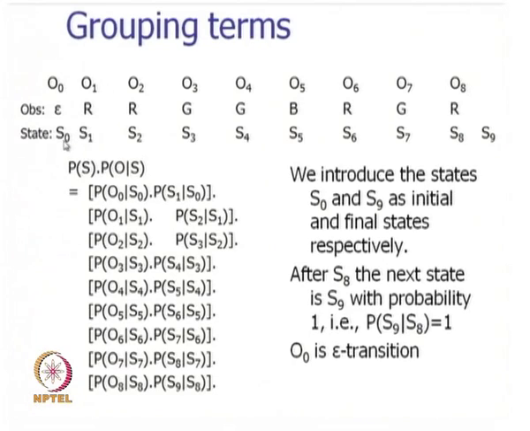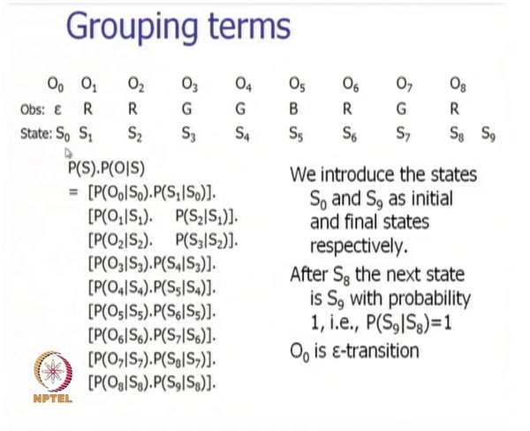This is the state where no urn has been chosen and the drawing of balls has to begin. So, this is the state S0, the start of the ball drawing situation, and here the observation is epsilon. Epsilon is an empty transition, which essentially means that nothing is done except that there is a state change from S0 to S1. Epsilon is the empty string.